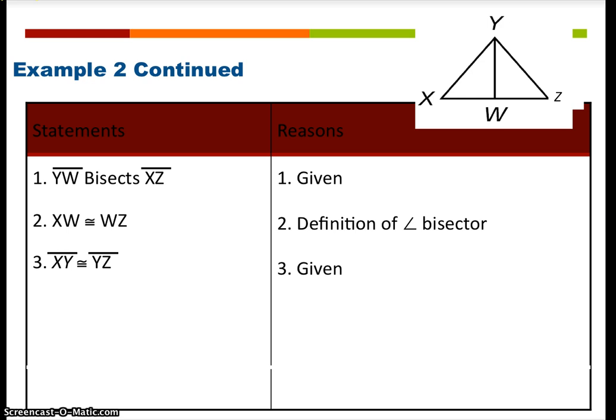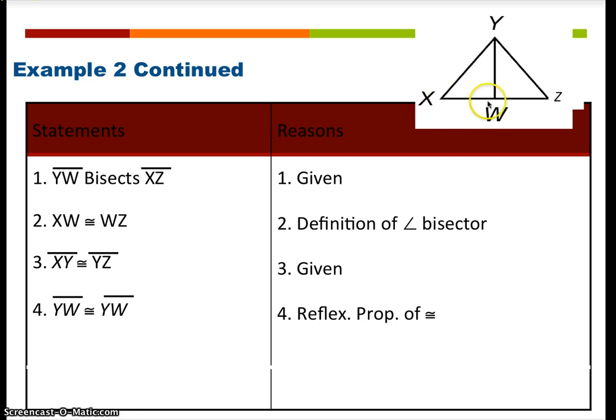So the next thing that they told us in the given was that XY is congruent to YZ. Okay, so the pieces on the outside are congruent, that was given. And then we also know that these two triangles share a side, they share YW. And so YW on one triangle is congruent to YW on the other triangle, and that is the reflexive property of congruence.